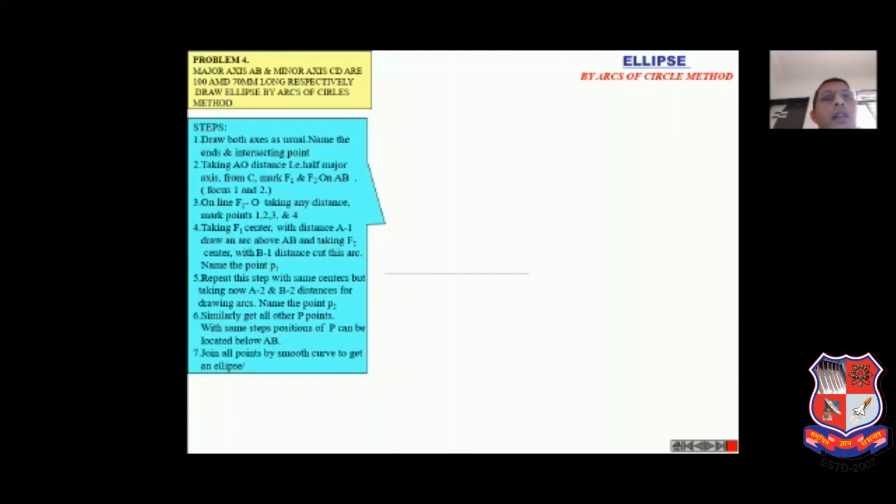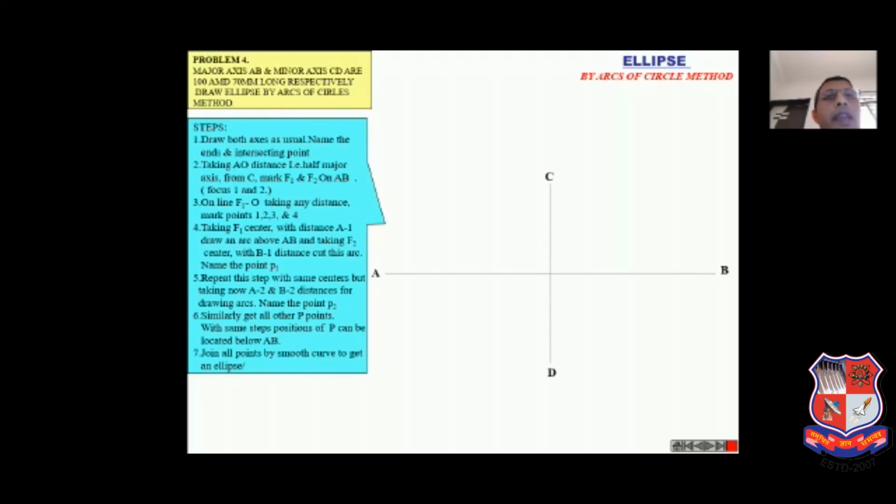Then the next one is ellipse by the arc of circle method. In the numerical, what is given to us is that major axis AB and minor axis CD are 100 mm and 70 mm long respectively. So draw an ellipse by the arc of circle method. Here are the steps. First, draw both axes as usual, name the ends and intersecting points.